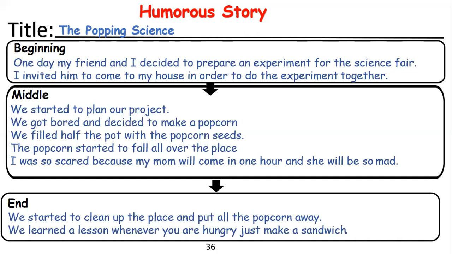I was so scared because my mom will come in 1 hour and she will be so mad. At the end, we started to clean up the place and put all the popcorn away. And we learned the lesson: whenever you are hungry, just make a sandwich.